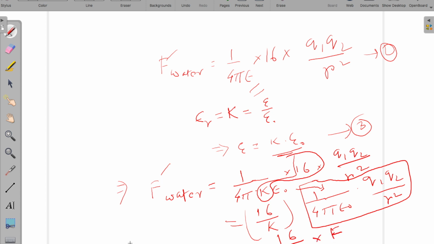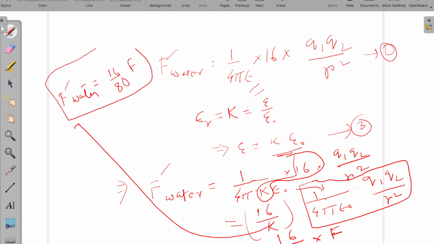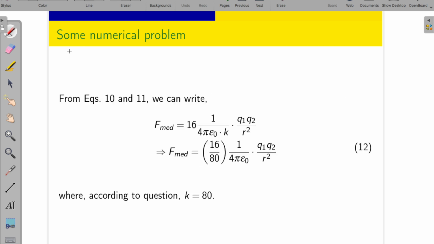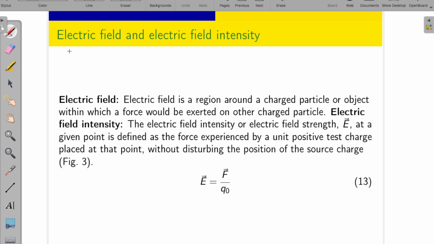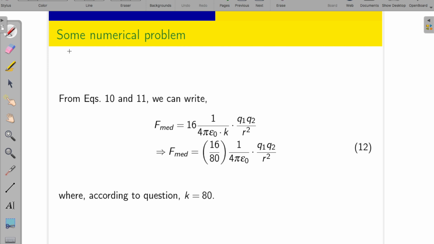So finally what we have got: F dash in water is equal to 16 by 80 F. If we simplify this, we get the final answer. Okay, so thank you very much for watching the class, thank you.